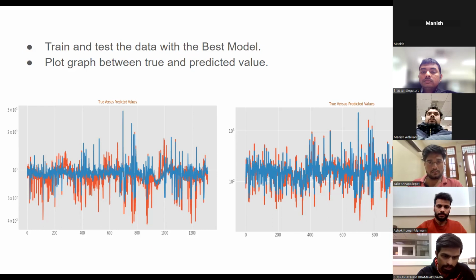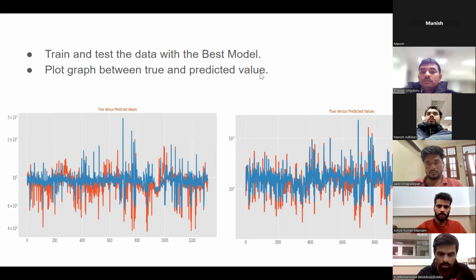Here the red line is for the actual value, and the blue line is the one with the predicted, that is our base model. You can see there might be differences between values, but the predicted one is following almost the same pattern as the actual one.